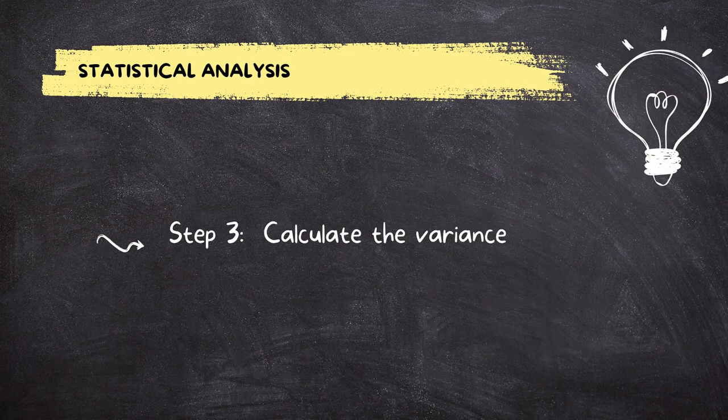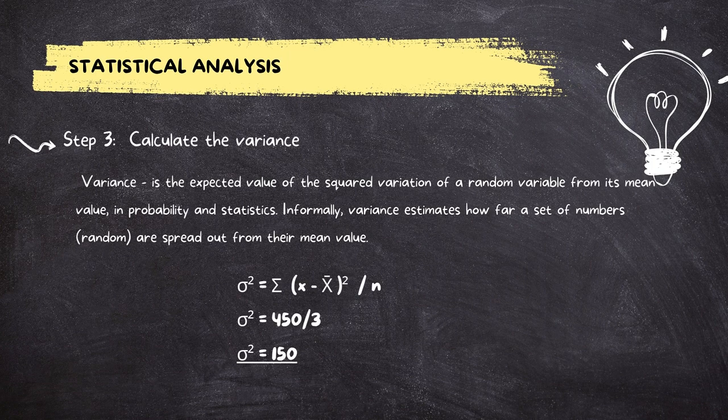And step 3, we calculate the variance. Variance is the expected value of the squared variation of a random variable from its mean value. In probability and statistics, informally, variance estimates how far a set of numbers are spread out from their mean value.